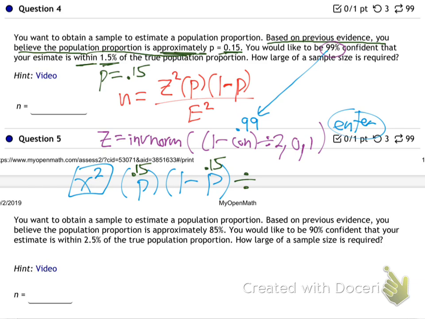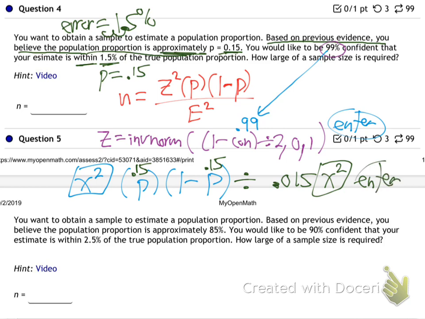So that's their error number. You always have to change that to a decimal, right? Error is 1.5%, so we want an answer within an error amount of 1.5%. Change that to a decimal: it moves back 2 places, right? 0.015. Got to square it. Don't forget to square it right at the end, like usual. And then hit our final enter.